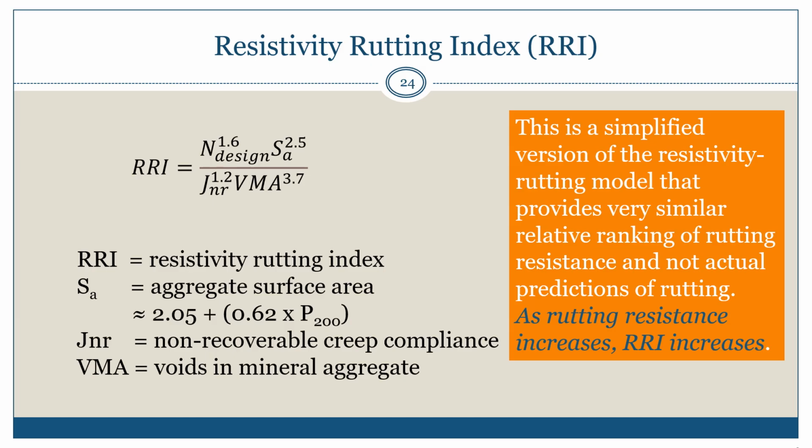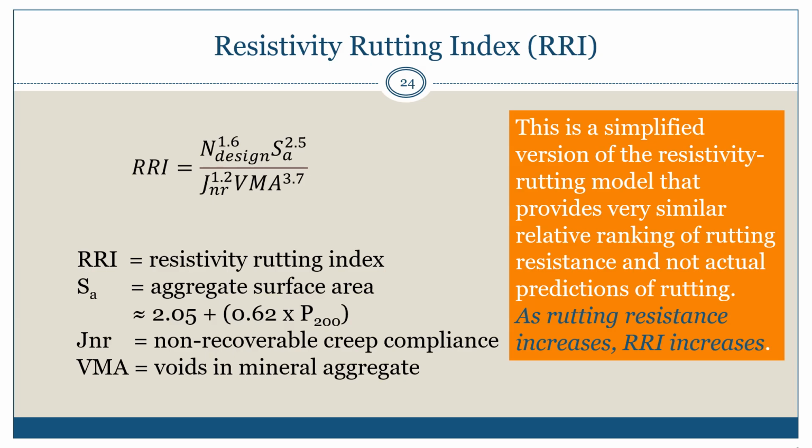I don't want to belabor the mathematics of this model. What I will tell you is that this shows the rutting resistance of a mix is going to increase as Ndesign goes up and as the surface area of the aggregate increases. It's also going to increase as JNR goes down and as the VMA goes down. Now, surface area of the aggregate is an important factor here in predicting rutting.